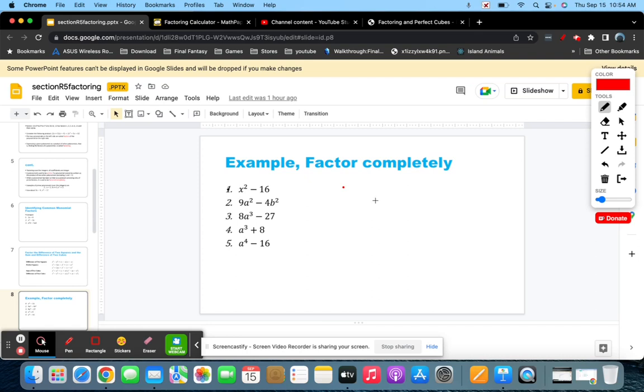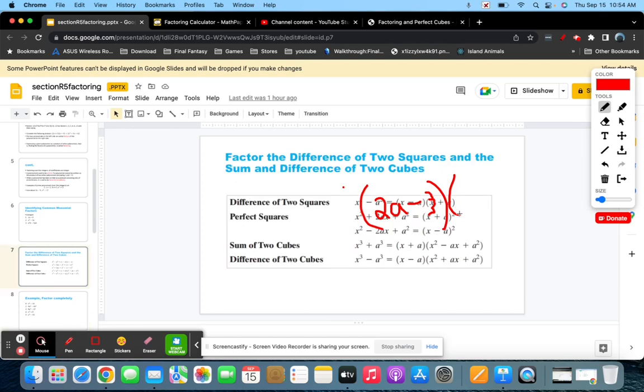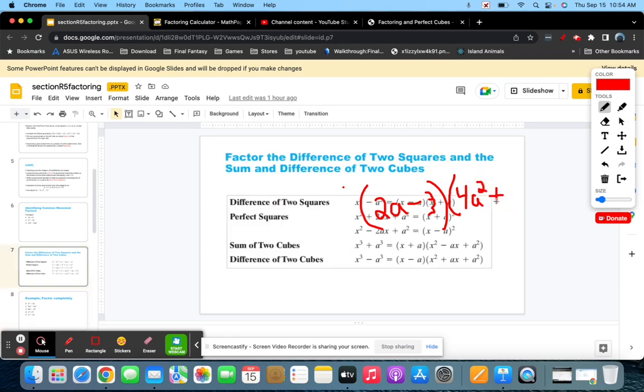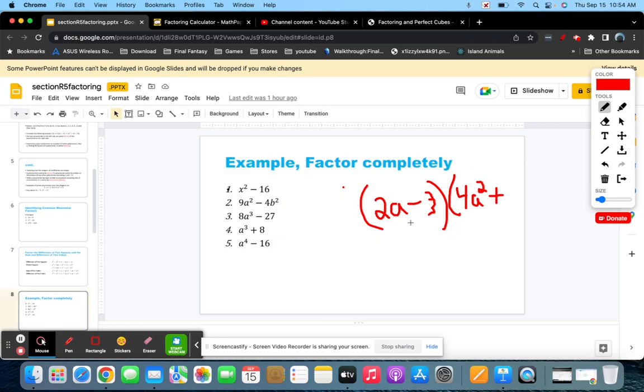The cube root of 8 is 2. The cube root of a cubed is a. So 2a minus 3 times 2a squared, 2a times 2a is 4a squared, plus a times x.